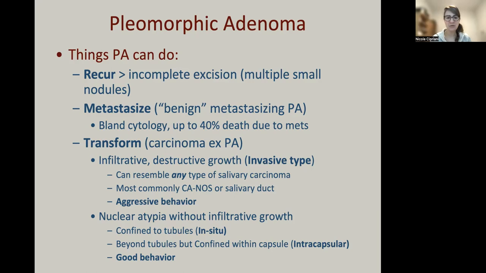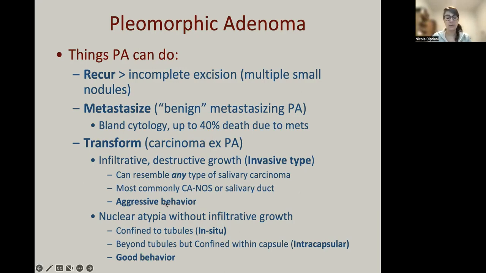But what it can do, and we do know, is transform to a high-grade invasive carcinoma, which we refer to as carcinoma ex pleomorphic adenoma. It can resemble any type of salivary carcinoma. It's often just nondescript or salivary duct or myoepithelial or epithelial myoepithelial. But as long as you can find a residual pleomorphic adenoma in the background, it would be whatever type of carcinoma ex PA.